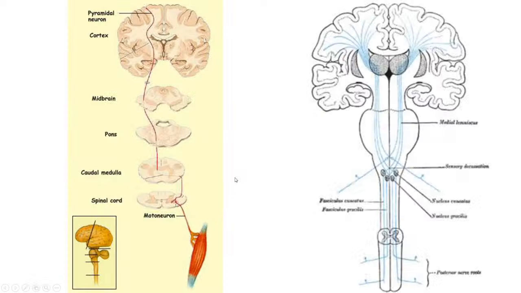All right, so you can see a neuron here runs from the cerebral cortex on the individual's right side down through the midbrain, pons, the caudal medulla, and then in the spinal cord here crosses over or decussates to the left side, then leaves the spinal cord, travels down to a muscle fiber.